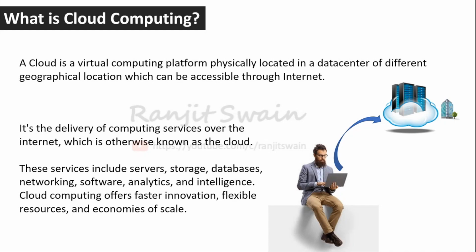In a computing platform we have the CPU, the central processing unit, the processor, the memory, RAM, and the storage to store the data. To process the data and to store the data, all this computing power is required. So a cloud is virtual computing power. What is physical and what is virtual?